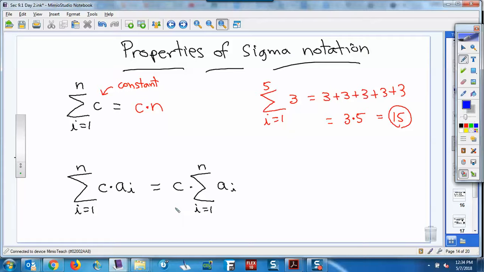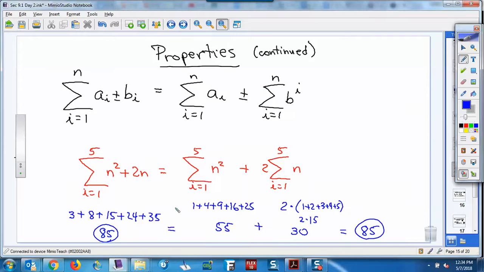There are some calculus things we may run into a little later where that can be an advantage. And then one last one is if you have some terms added together inside of here, you could split that apart. So if there's a plus or a minus, so if you have different terms in your formula, then you can split it apart.